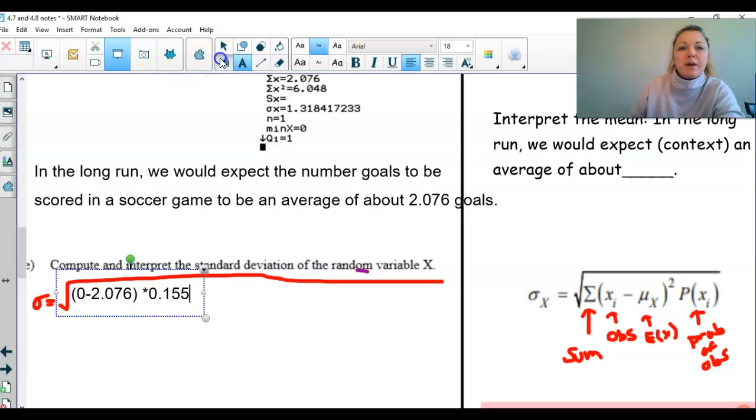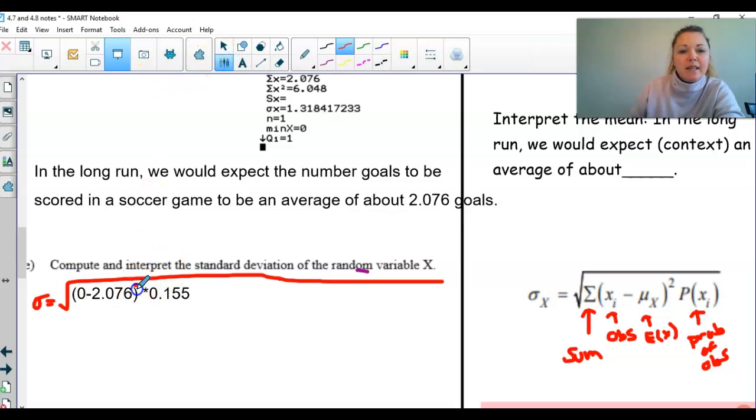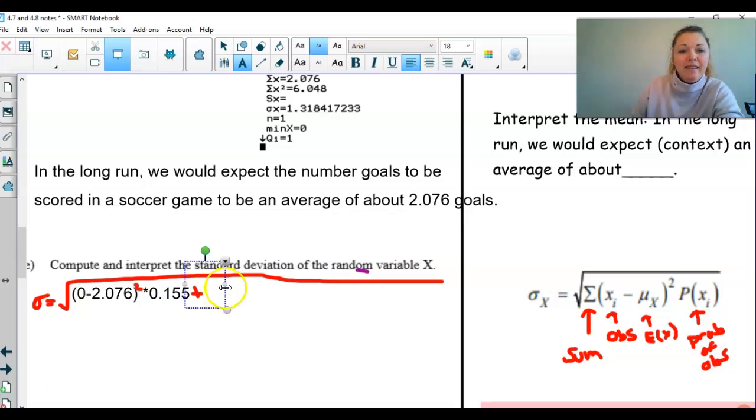And what I'm going to do is go to the pen so I don't have to mess with that caret top, so squared. So we did, again, observation minus the expected value squared times the probability of that observation. We're going to go ahead and add now the next observation. The next observation we have is 1 goal.